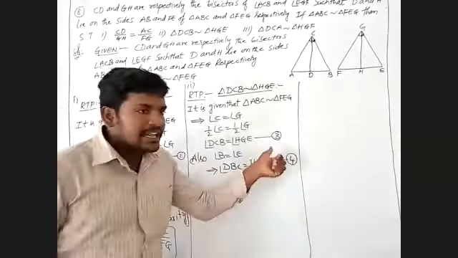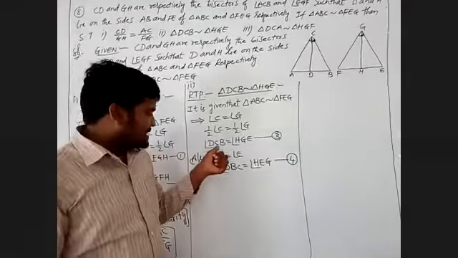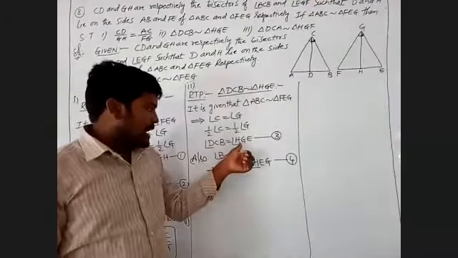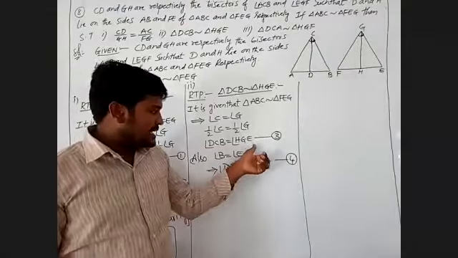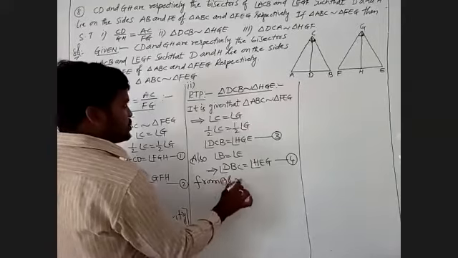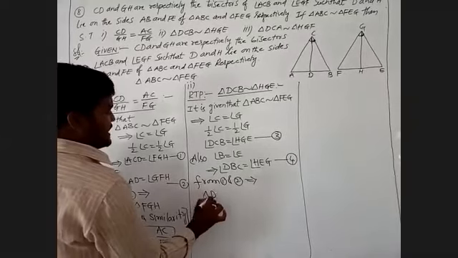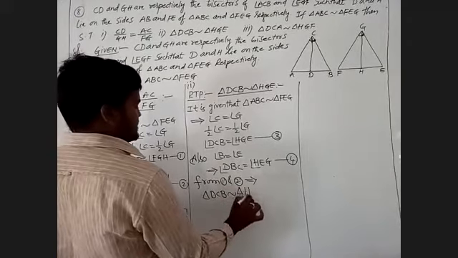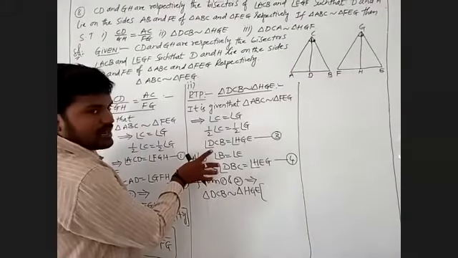We will observe from 3 and 4. Angle D is equal to angle D, both are common angles. Angle C is equal to angle B and angle B is equal to angle C. Angle G is equal to angle E, angle E is equal to angle C. I will write from 1 and 2. That implies triangle DCB is similar to triangle HGE.